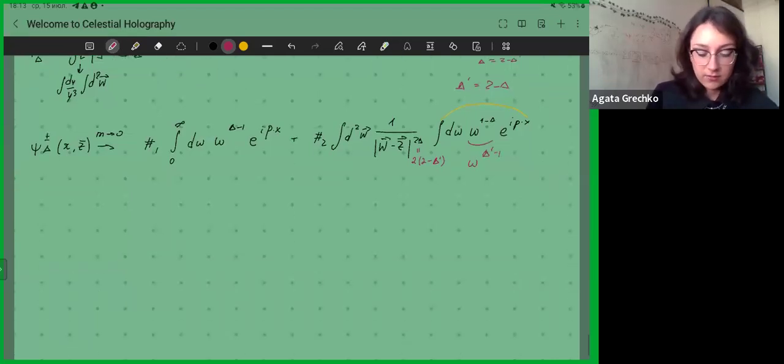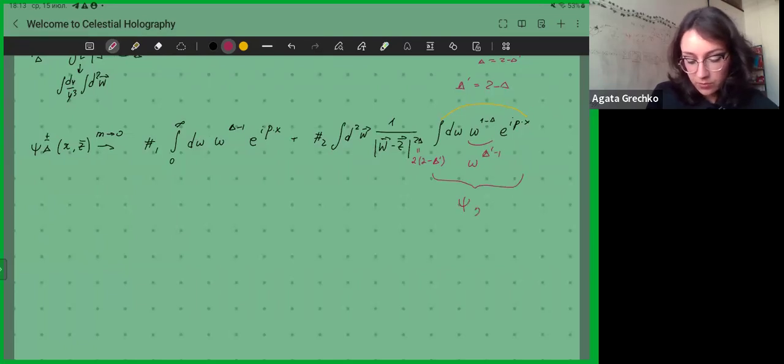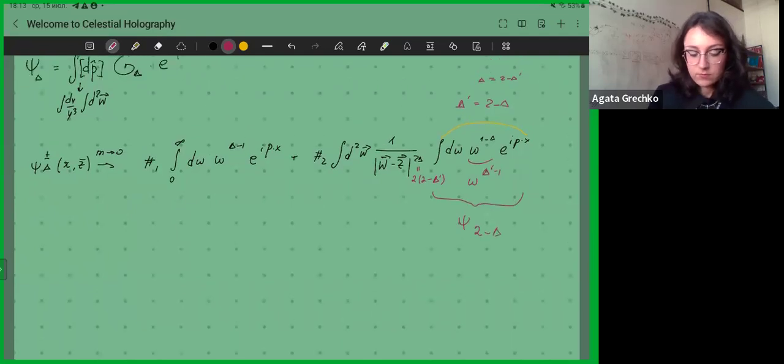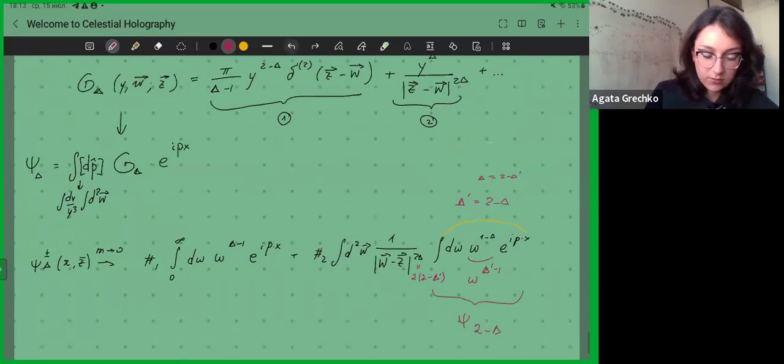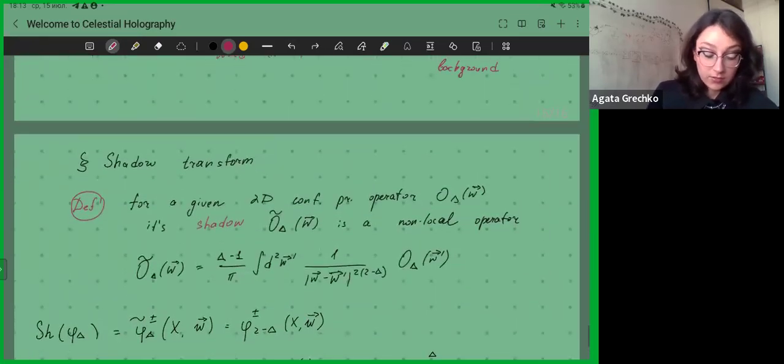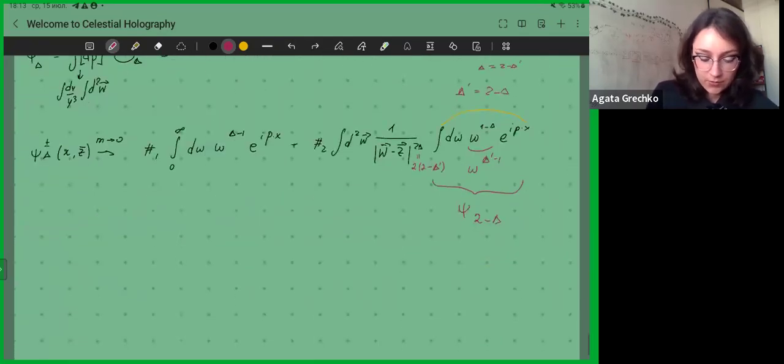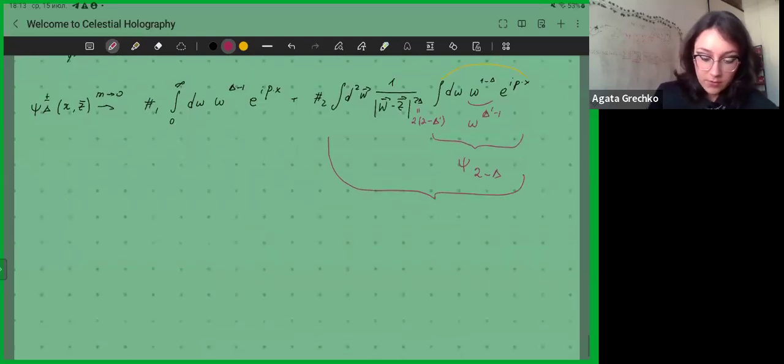So we see that this integral here is the wave function with the weight 2 minus delta, and this part here realizes the shadow transform of the wave function. So this whole thing here is just the shadow transform of our wave function.